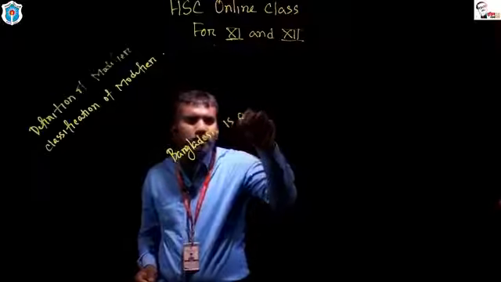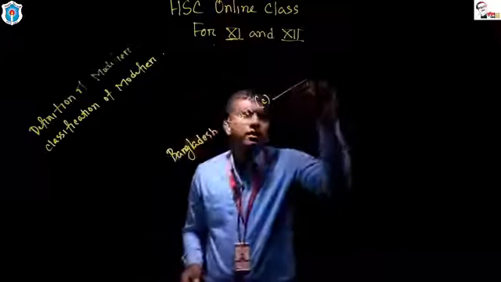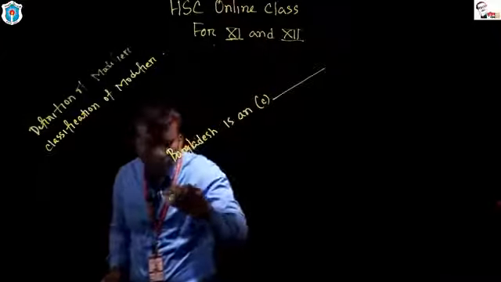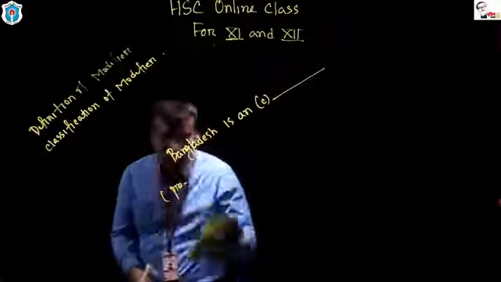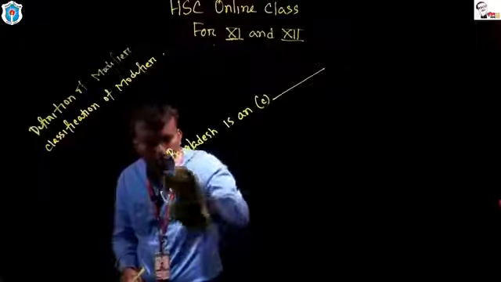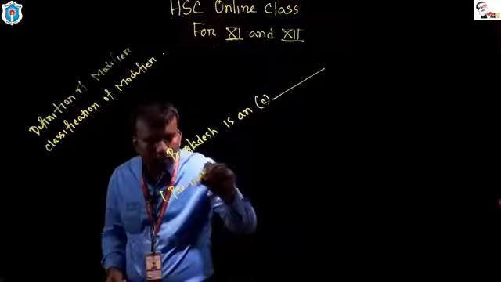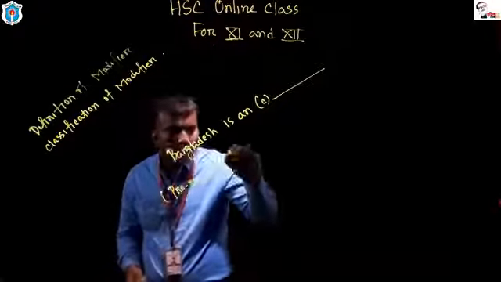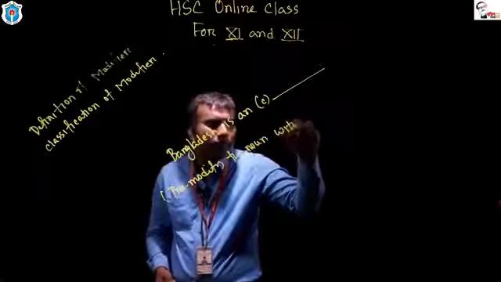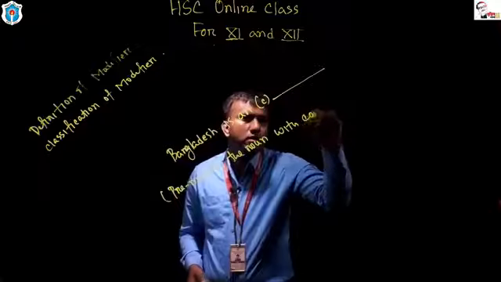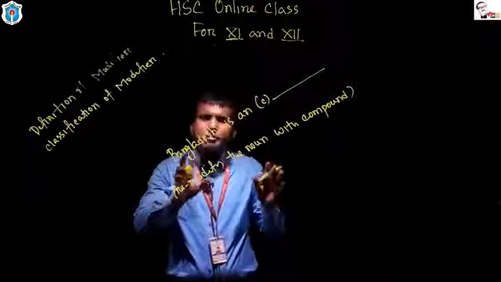This time I think the word is clear. Bangladesh is an dash, this is question number C, this is the direction. If I say pre-modify the noun with compound, I haven't completed the sentence.